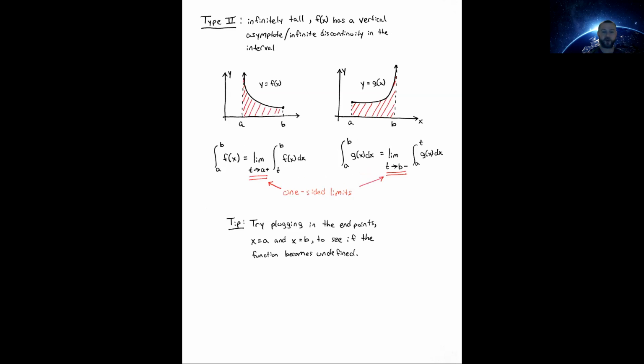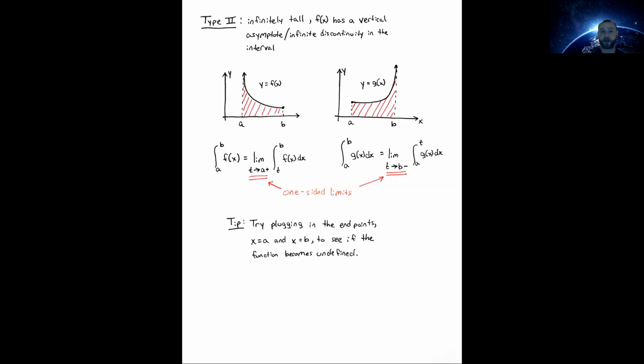All right, now before we get to examples, these ones are a little bit harder to identify than what we called type 1 improper integrals. There's always some sort of infinity in the integral sign, either an integral from 0 to infinity or something of that form. So you can see the infinity.